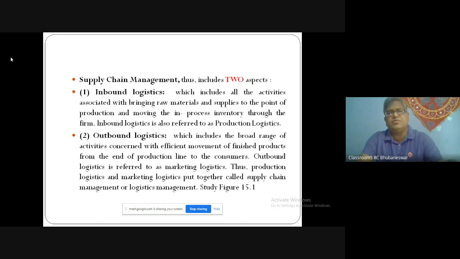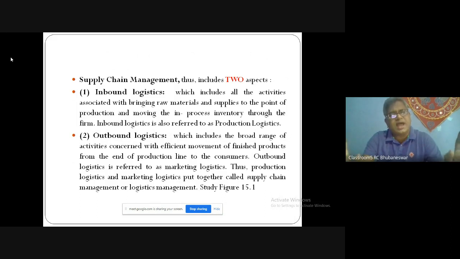In the present day world, there are two types of supply chain logistic methods. One is inbound logistics, another one is outbound logistics. If you talk about inbound logistics, it means bringing the raw material and supplying it at a point of production. That is called production logistics, inbound. Inbound means raw material is supplied for production purposes.